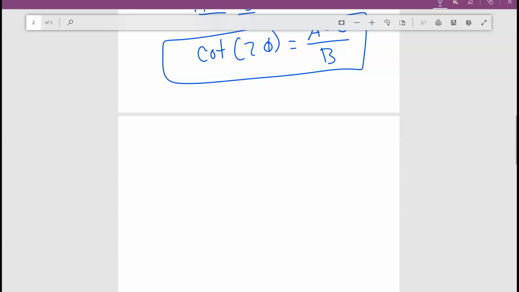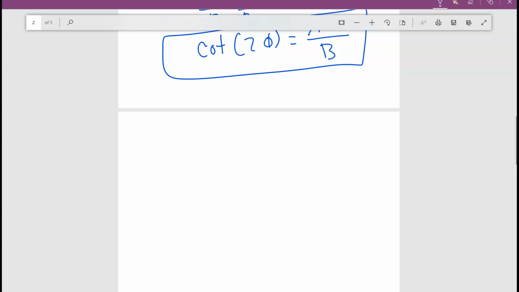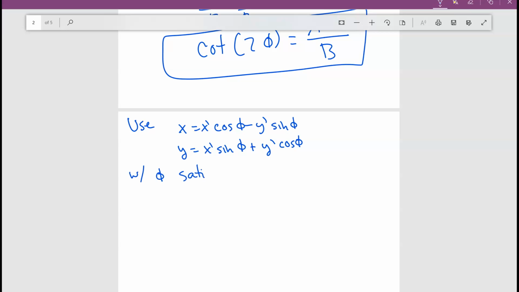In order to rotate the axes, what I require is the following. I need to use the fact that x equals x prime cosine phi minus y prime sine phi, and y is equal to x prime sine phi plus y prime cosine phi. That should be a plus. So these are the formulas that I'm going to use, with phi satisfying cotangent of 2 phi equals a minus c over b.